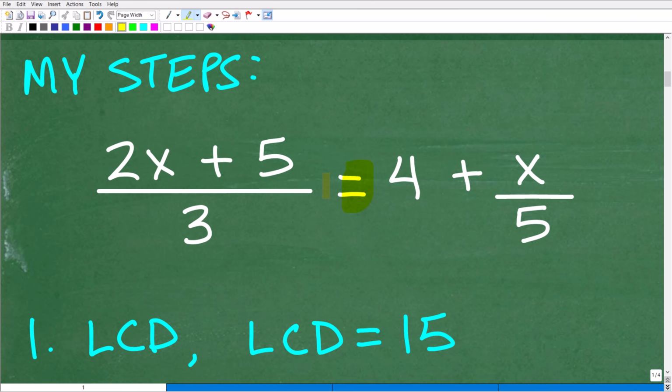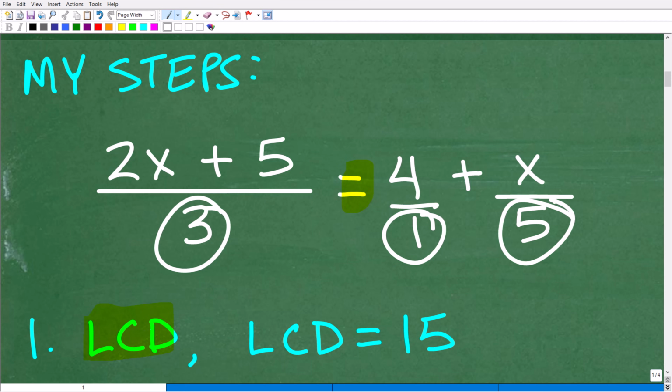Well, the first step is you need to identify the lowest common denominator. What are the denominators involved? We have 3. Here we have 4, but really we have 4 over 1, so the denominator is 1, and we have 5. So we need to identify the LCD when we have fractions with denominators 3, 1, and 5. And of course, that lowest common denominator would be 15.